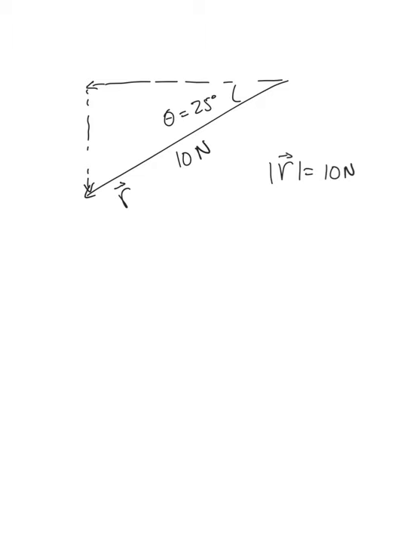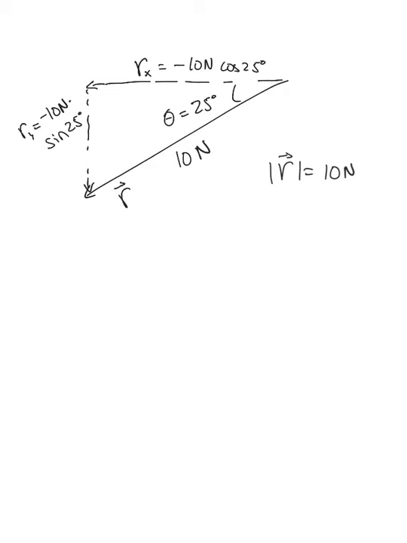Now, if I just use my trig knowledge, I know that the x component of my r vector is going to be negative 10 newtons multiplied by the cosine of 25 degrees. Negative because it points in the negative x direction, and the cosine comes from our knowledge of trig. And I can write r y as being negative 10 newtons multiplied by the sine of 25 degrees.